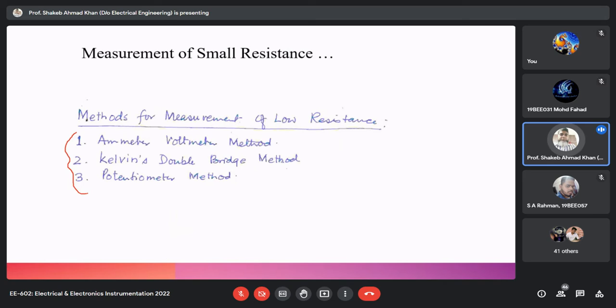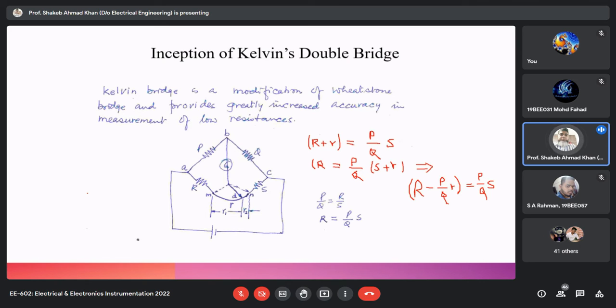It is a bridge, and it is basically a modification of the Wheatstone bridge. When the Wheatstone bridge is modified to take care of lead and contact resistance, it becomes Kelvin's double bridge. I'm trying to make you understand how it is.